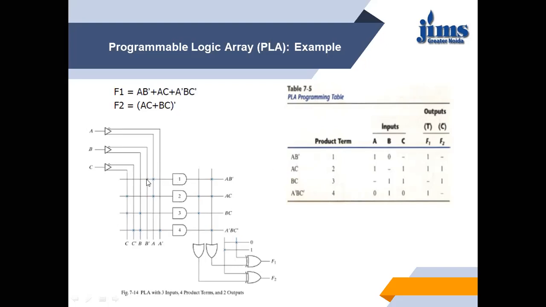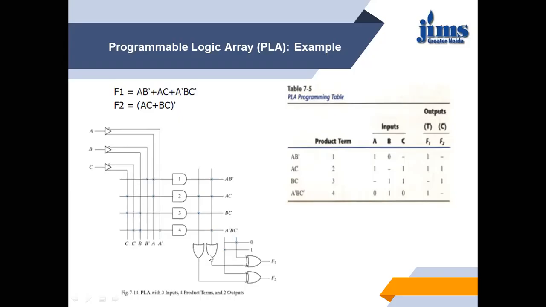So we have A here and B bar here. Where there is a cross, there is a connection. Next term is AC, so we have C and A. Next term is BC, C and B. Next term is A bar B C bar. So here is A bar, B and C bar. Where there is a cross, there is a connection. Otherwise, it will be an open circuit.